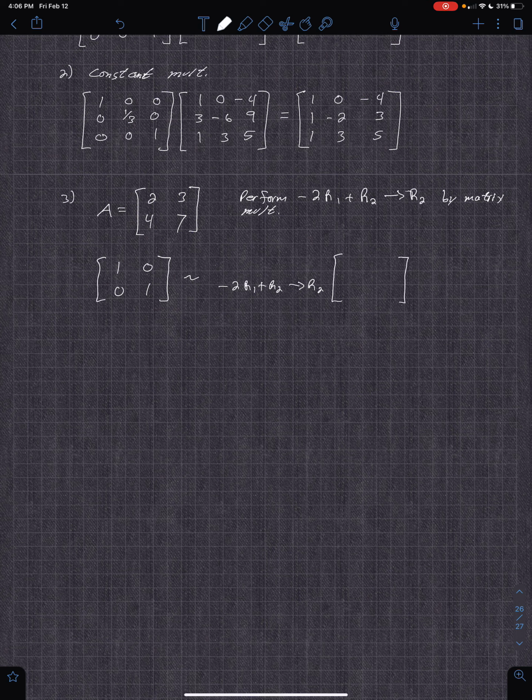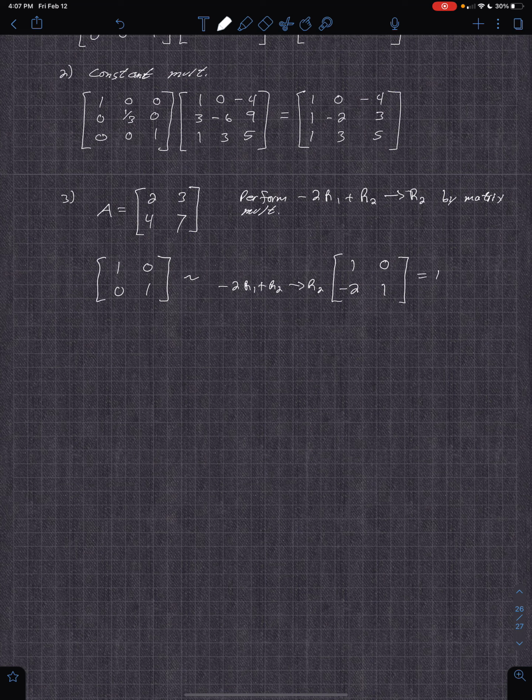Okay, so then row 1 does not change. So perform this on the identity matrix, and when you do that, you should get negative 2, and then when you add, you get a negative 2. Okay, and then negative 2 times 0 is 0, and then you add it to here, and you just get a 1. So this just becomes negative 2, 1.